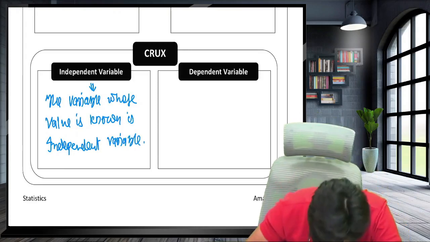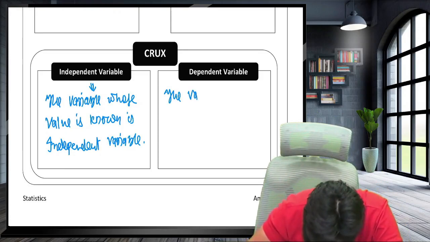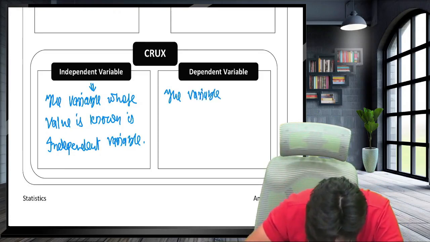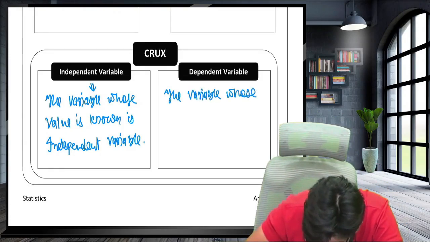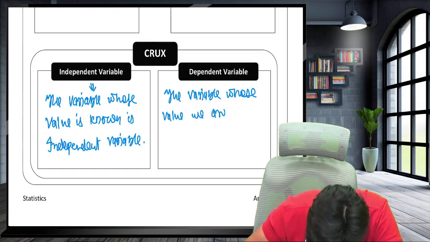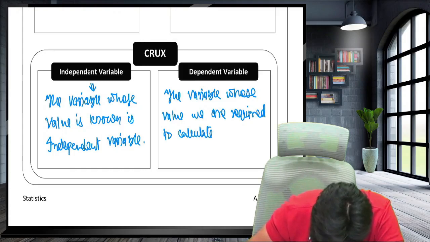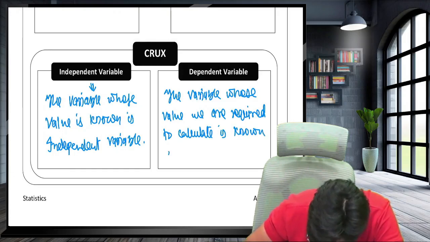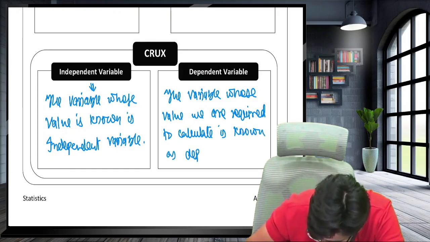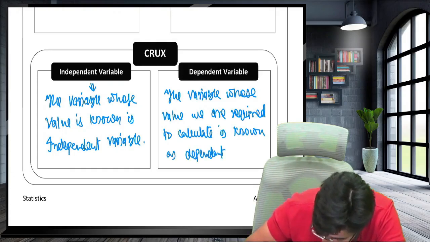The variable whose value we are required to calculate is known as the dependent variable.